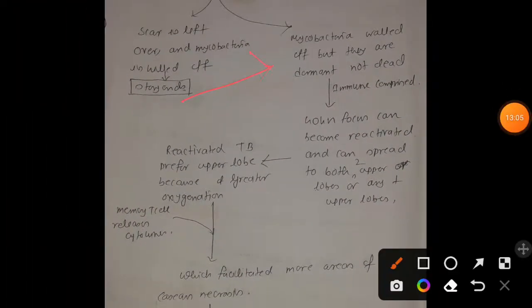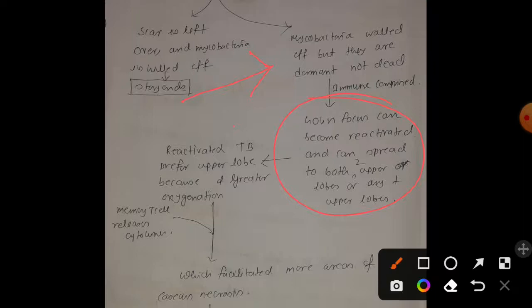once the immune system walls off the entire mycobacteria, they are still dormant and alive inside that barricade. Once the immune system gets compromised, that may be due to aging or AIDS, the Ghon focus becomes reactivated, and under such circumstances their first preference is to spread to the upper lobe of the lungs, that can be one upper lobe or both.